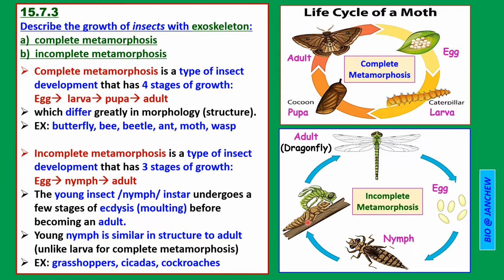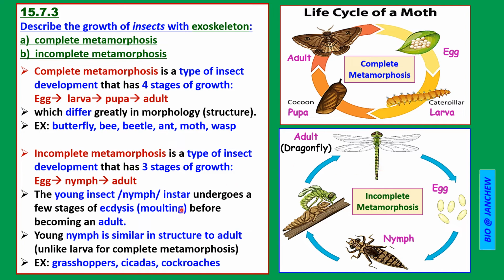So you shed the old exoskeleton and replace it with a much bigger one at each stage of the instar. So molting will occur a few times, and after each molting or ecdysis, the size of the nymph will become larger and larger. Okay, until the final ecdysis, then after that it will become the adult insect, right?